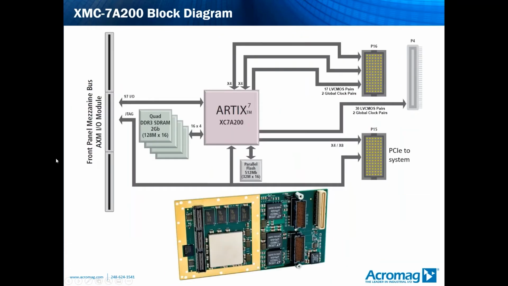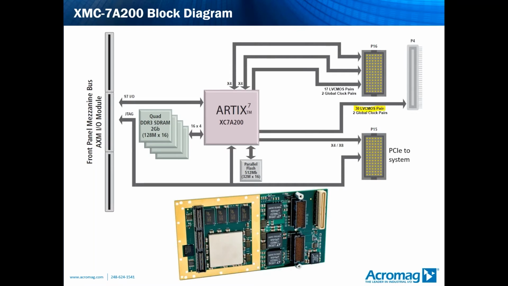So let's start out with the 7A200 block diagram. Now, the example design has the rear I/O interface configured as two unidirectional 32-bit single-ended ports, as is evidenced over here. We've got the ports going to the P4 connector.